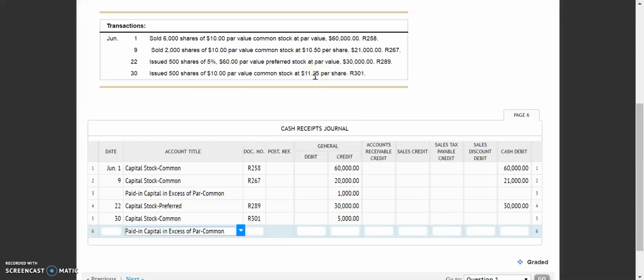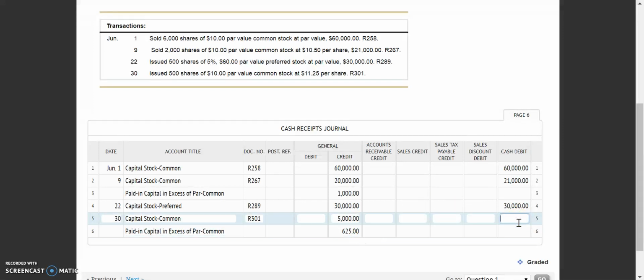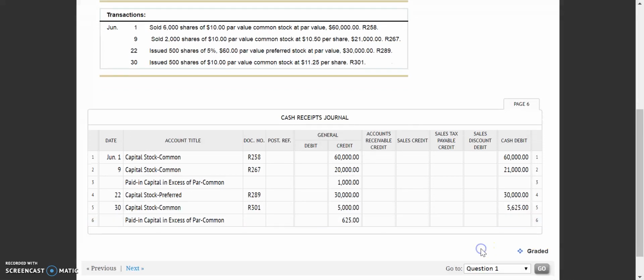And we take $1.25 times our 500 shares, and we end up with $625 if you do that math. And so the total of those two, our 5,000 plus 625, is the total amount that we received by issuing that stock. $5,625. That was tough to say, but made it through.